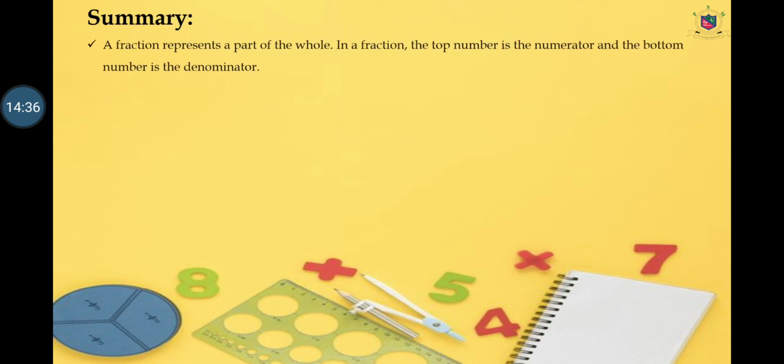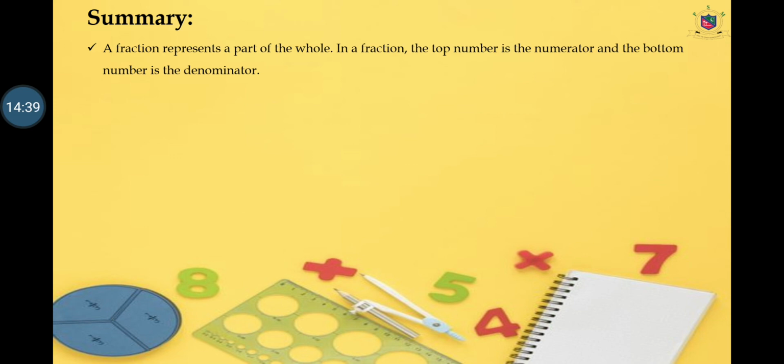My dear students, what did we learn today? Let us summarize our lesson. A fraction that represents the part of a whole is called a fraction. And in the fraction, the top number is called the numerator and the bottom number is called the denominator.